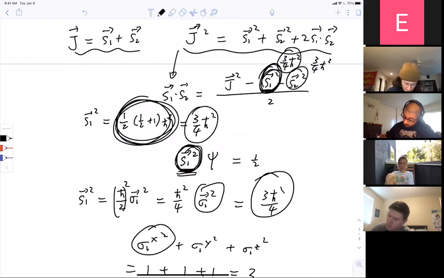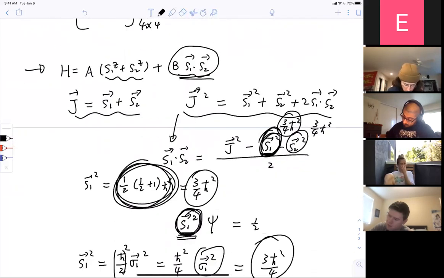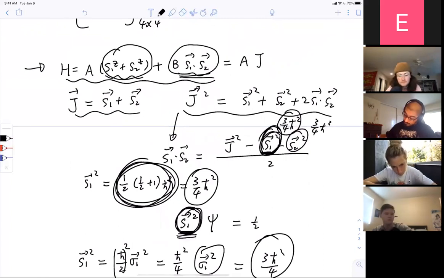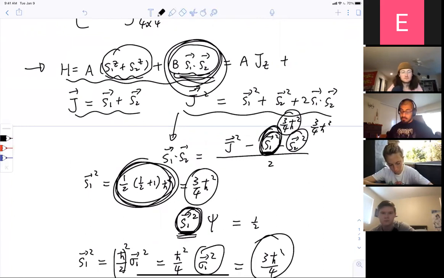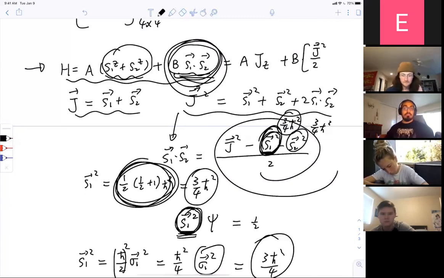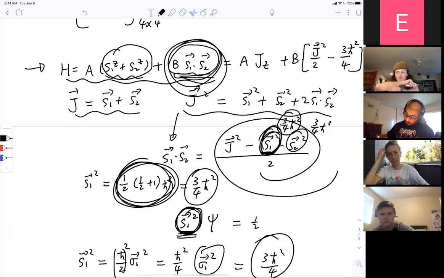Right? So basically we can write the whole Hamiltonian into this form: A times Jz, plus B times 2J squared, minus a constant like this.